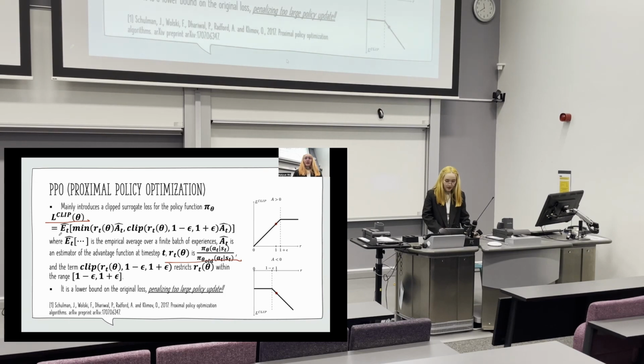Through this clip function, R will be restricted within the range of 1 minus epsilon to 1 plus epsilon, where epsilon is a small constant. Then the loss is further restricted between the two dashed lines in the two figures. Just like this.